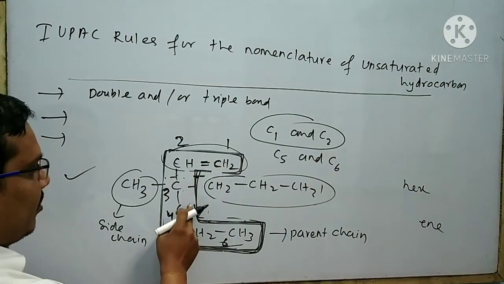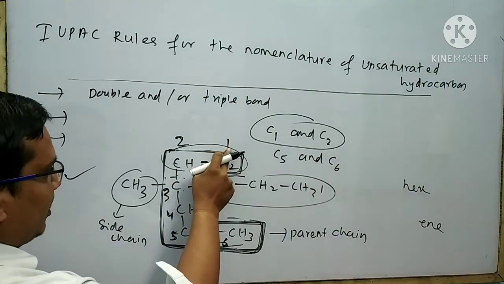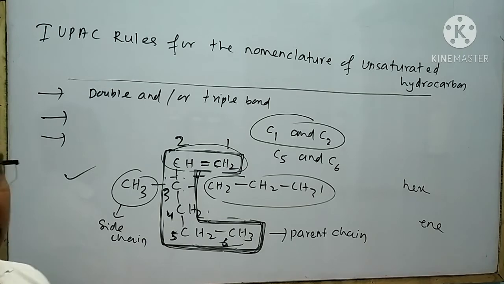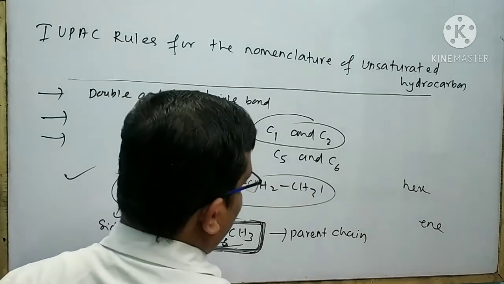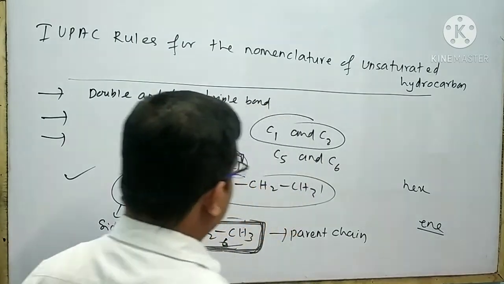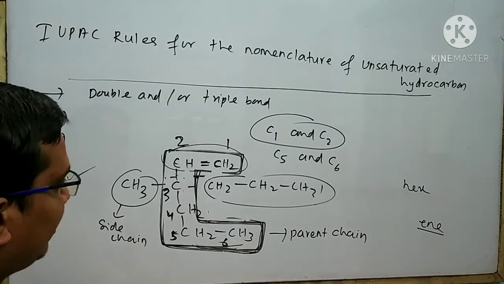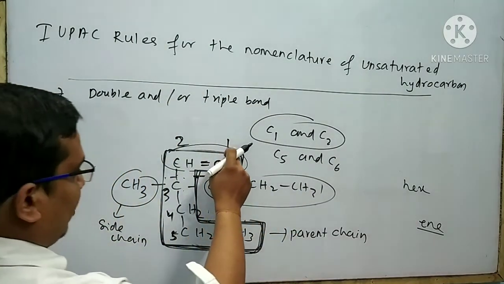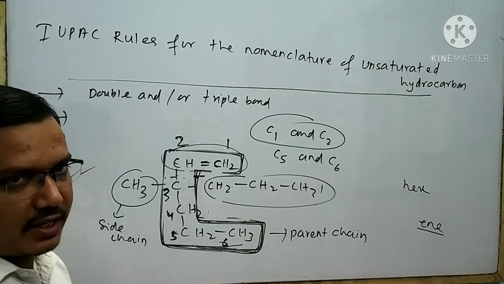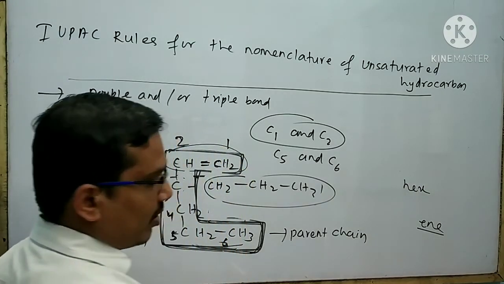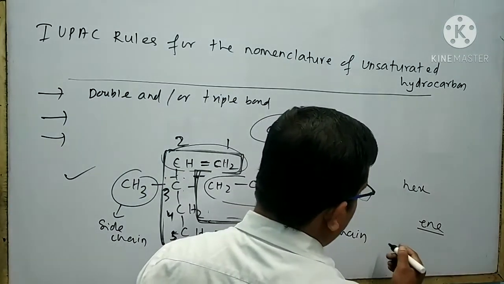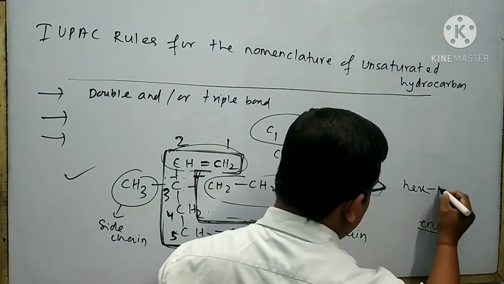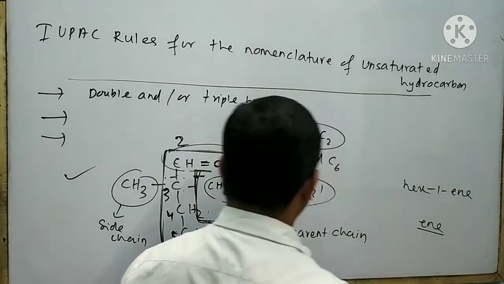The ene is present between two carbon atoms, one is your first carbon, another is your second carbon. So it is bound to give the locant for ene. The ene is present between the first carbon and the second carbon, so it is bound to write the lowest carbon atom position. So it is bound to write your hex-1-ene.